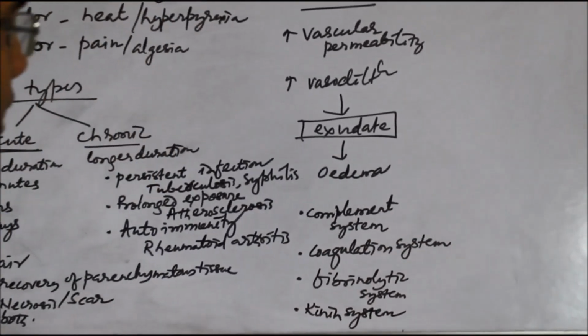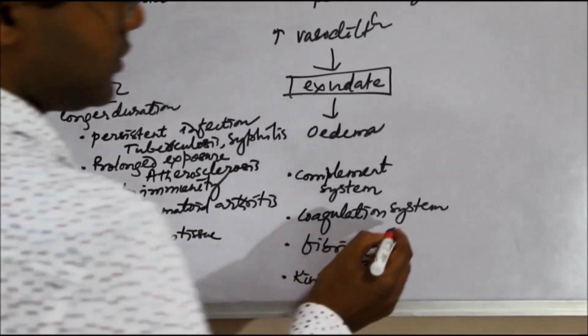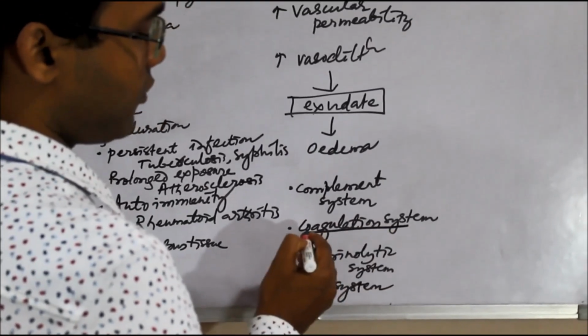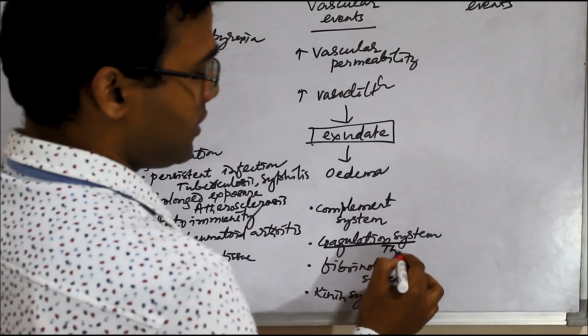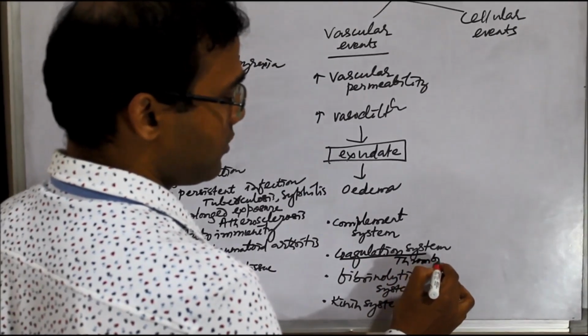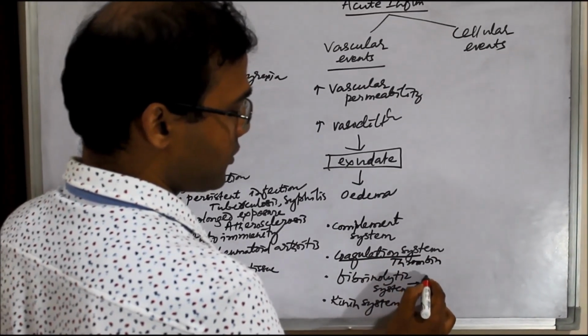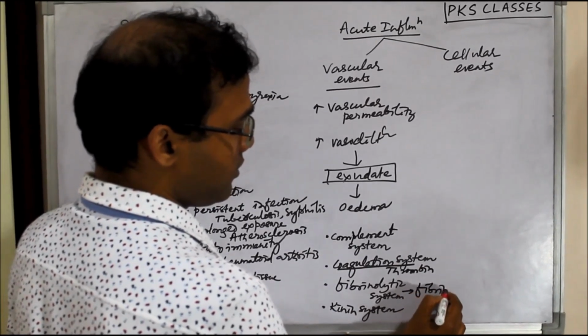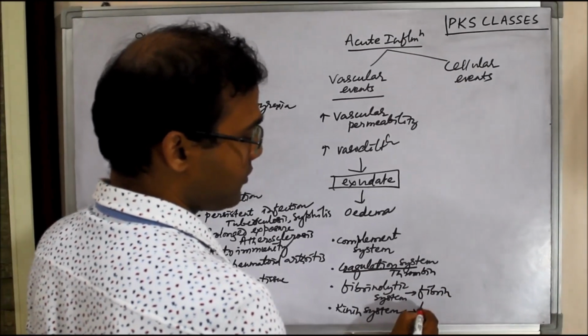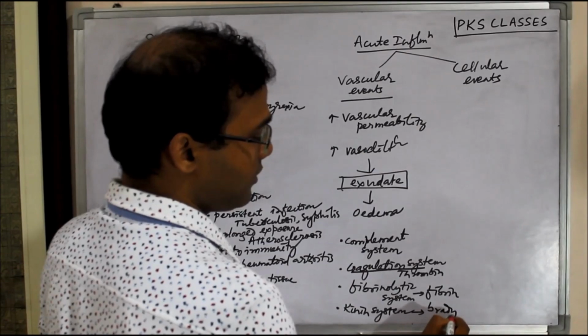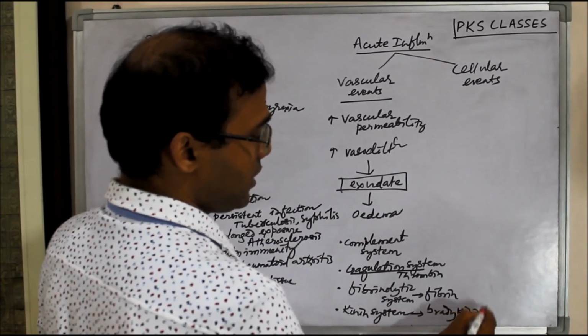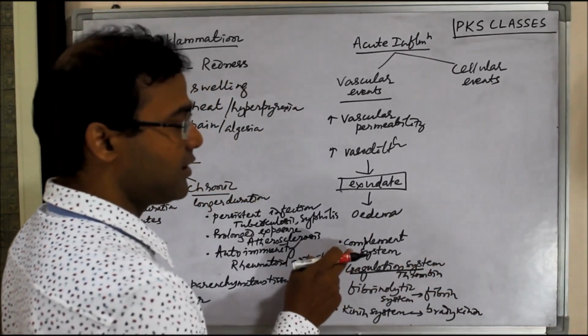The coagulation system is nothing but blood coagulation, where the product is thrombin. Here there is production of fibrin, and here there is production of kinins like bradykinin. And all these three can activate the complement system.